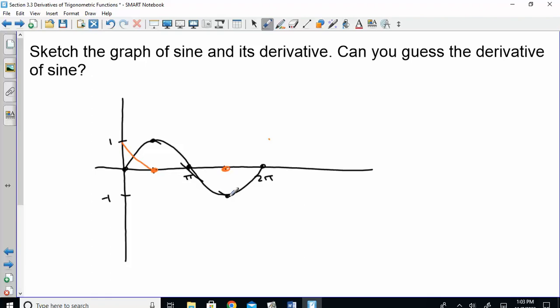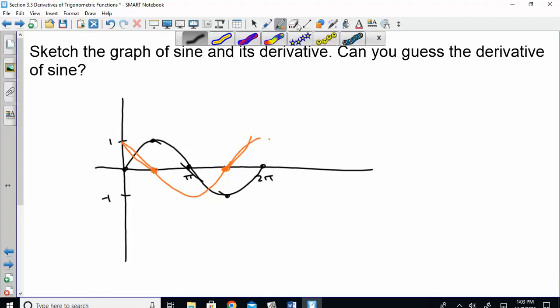From this whole point, my function was decreasing, so the derivative will be negative. After here, my function's increasing, so the derivative is positive.